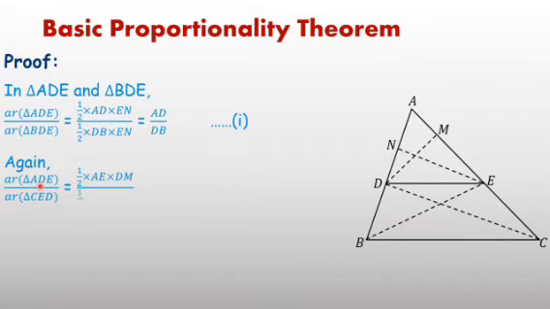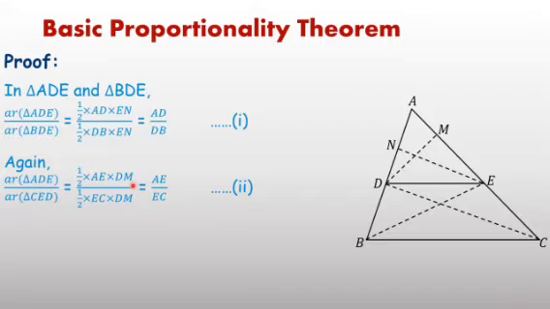Area of ADE upon area of CED. Both triangles are on the bases AE and EC. Half base means AE, perpendicular DM, upon half base EC, perpendicular DM, equals AE upon EC, equation second. In both triangles, the perpendicular is the same, DM.